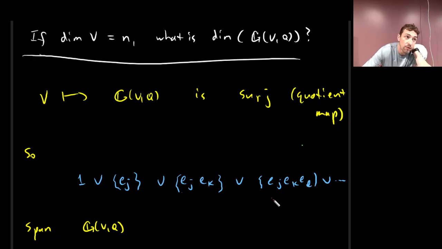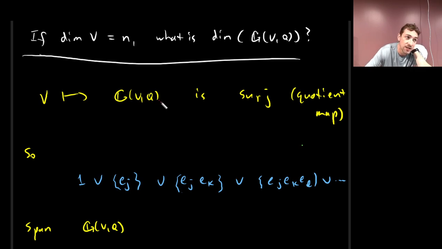Well, first, let's just highlight that the mapping from V into its generated geometric algebra is a surjective map. This is a quotient map. So if this set spans the tensor algebra, its image certainly spans this. Okay, so great, our upper bound is that the vector space is infinite dimensional.